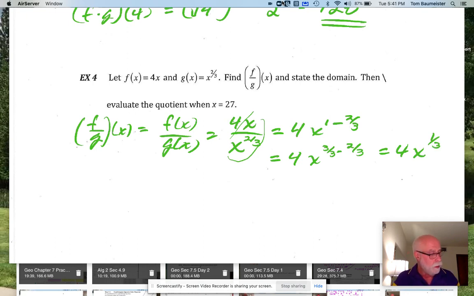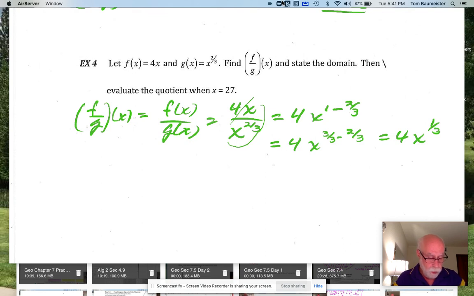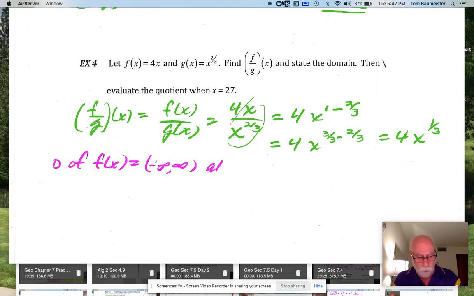And let's see on that one, what's our domain for f of x? Our domain for f of x is, again, negative infinity to positive infinity, or again, all real numbers. The domain of g of x is the same.